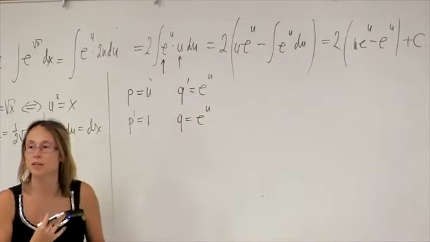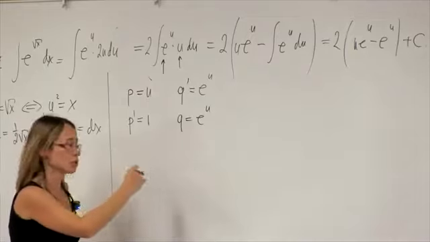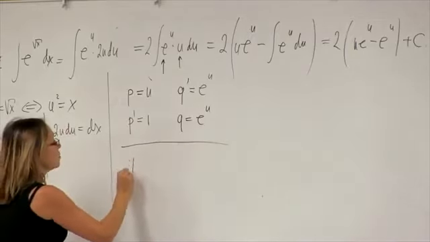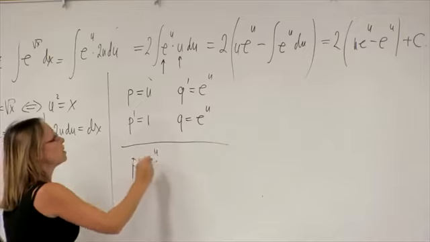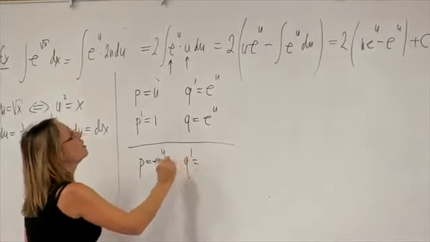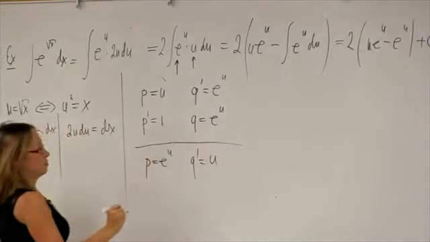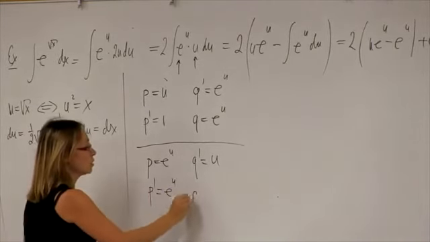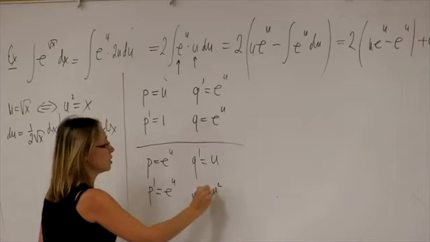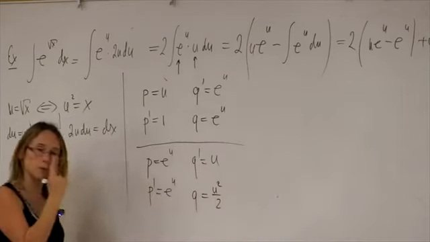Now let's suppose that I'm confused and I got this wrong. So what would I do? I would say p, what's the other possible choice? P is e to the u, right? And q prime is u. Okay, now p prime is e to the u, q is u squared over 2. Can you see this?